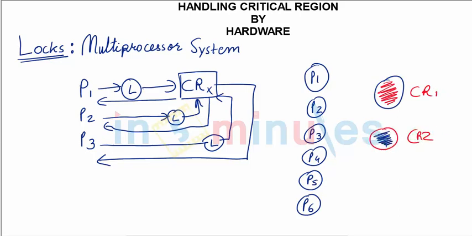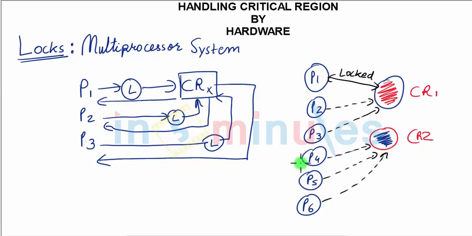If we say process 1 has already locked it, this may not be seen by process 2, and process 2 and 3 both are trying to access. Another scenario may be that critical region 2 is being acquired by P4, P5, P6 at the same time.